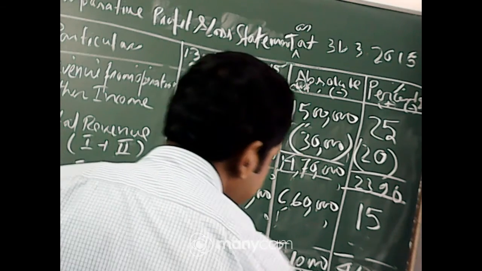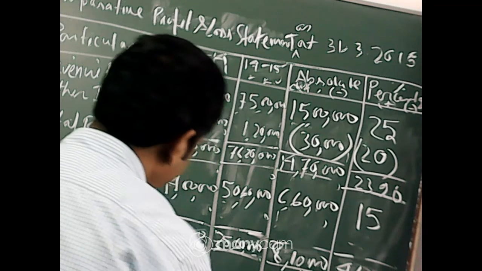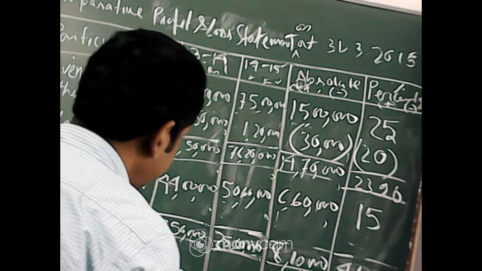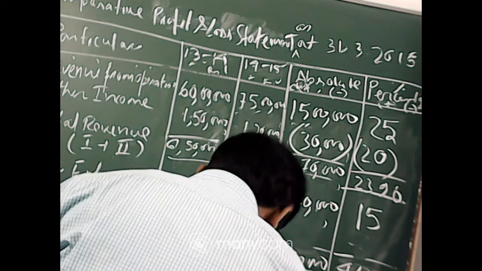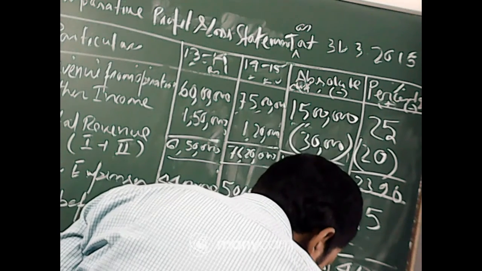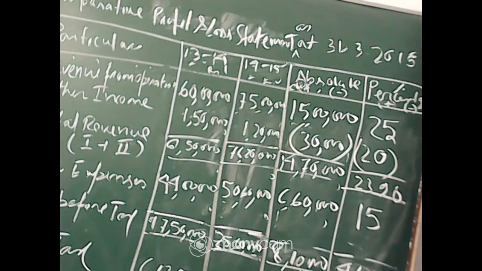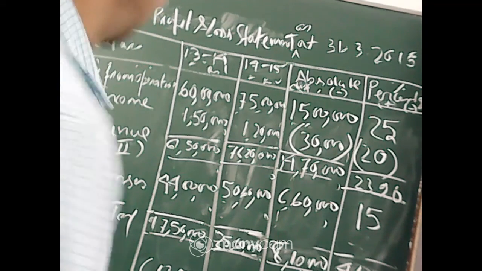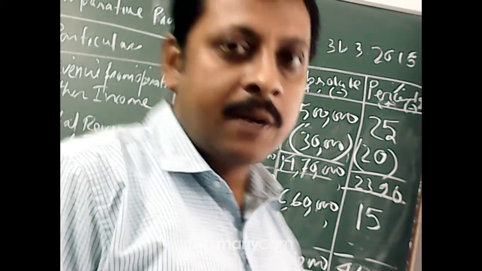No, this is not deducted from here. You have to find 3,98,500 divided by 11,37,500, that will come to 35.03. So the same thing as you have done in the case of the balance sheet, the same thing is done in the case of the profit and loss statement.